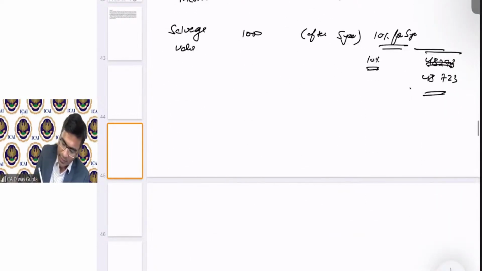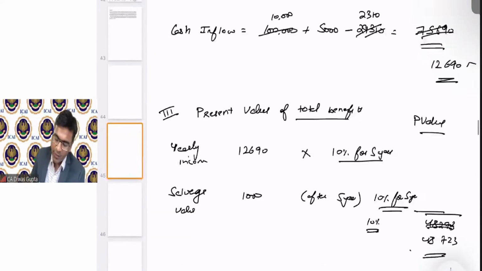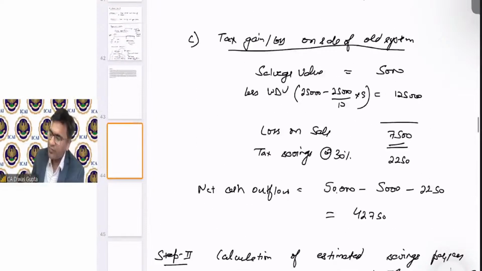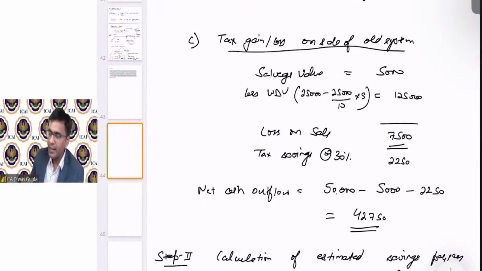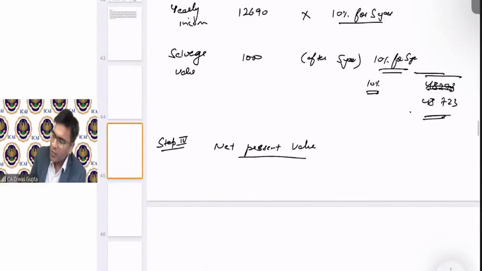So in our step number 4, we'll just calculate the net present value. Again, this net present value will be incremental, students. The incremental cash outflow in step number 1 was how much? It was 42,750, right? And the incremental cash flow in step number 3 is how much? 48,723.